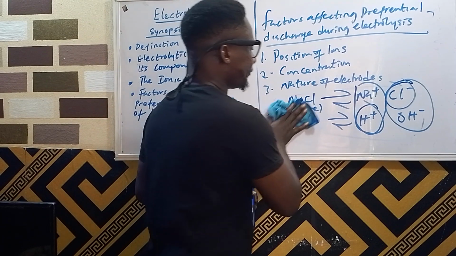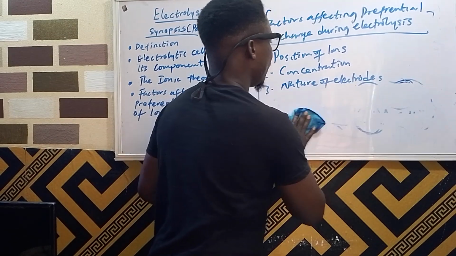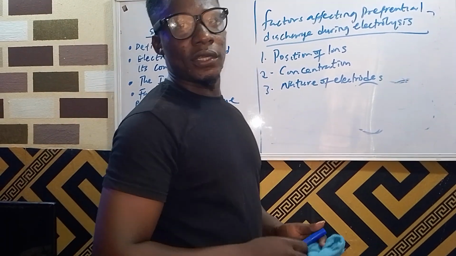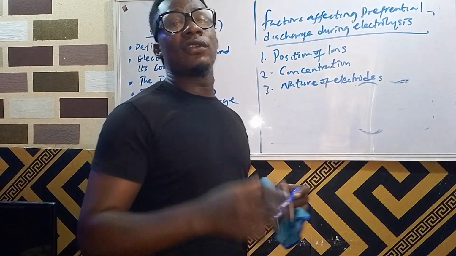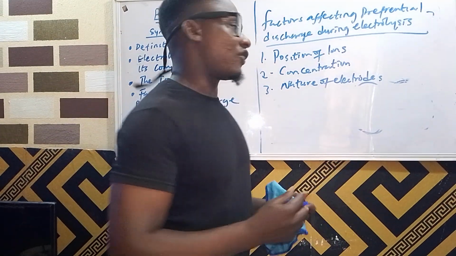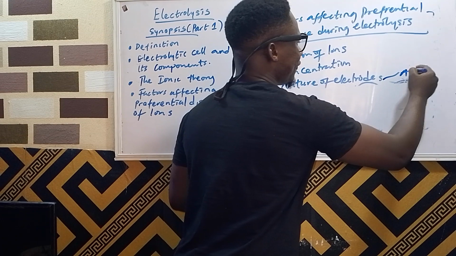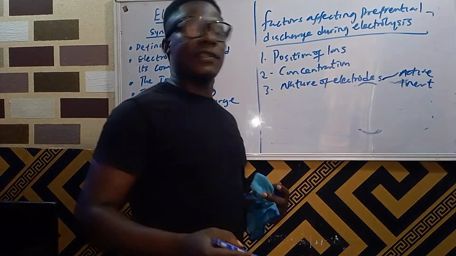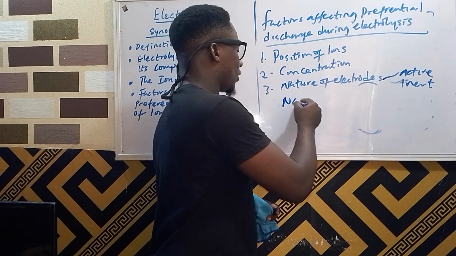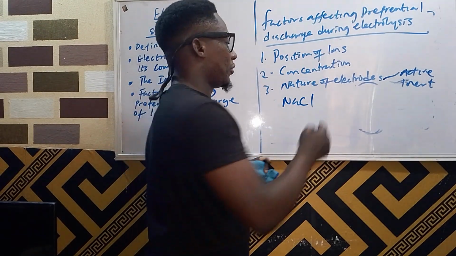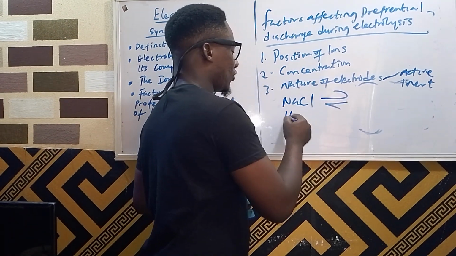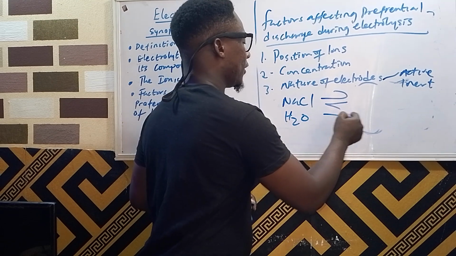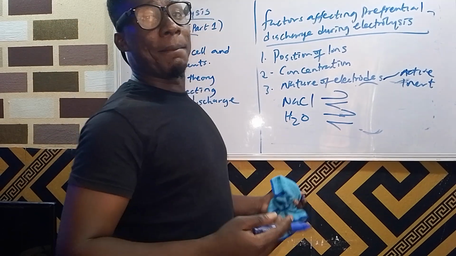Then number 3 is the nature of electrodes. In this case, I give 2 types of electrodes here. We can have the active and the inert. For instance, let's go back to dilute sodium chloride. In the electrolysis of dilute sodium chloride, our choice of electrode matters.